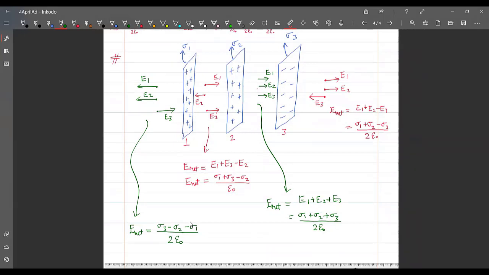So even if there are 3 sheets, 4 sheets, 5, 6, 7 sheets, you can just write electric field due to individual sheets and add them up like vectors. The principle of superposition will give you the net electric field.